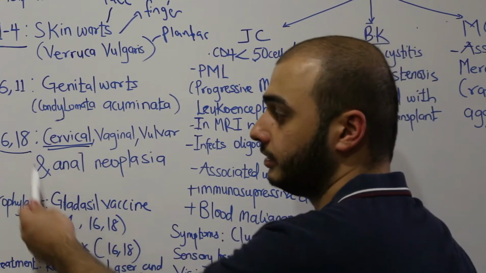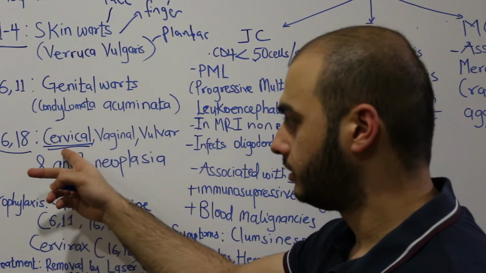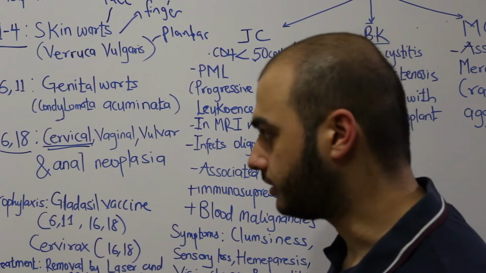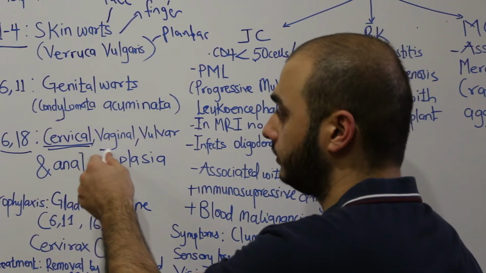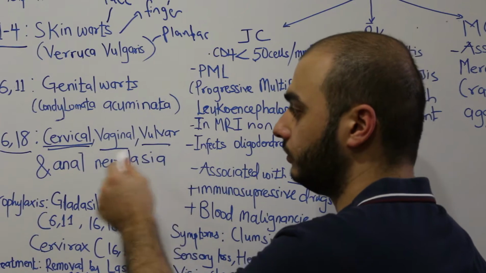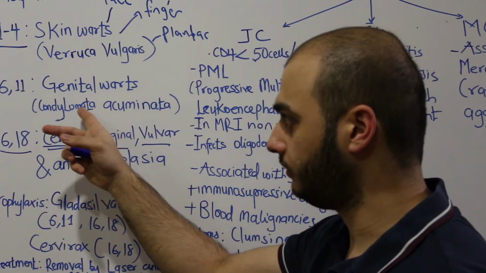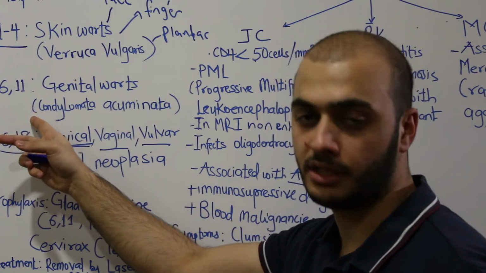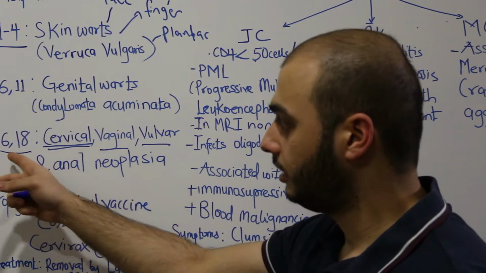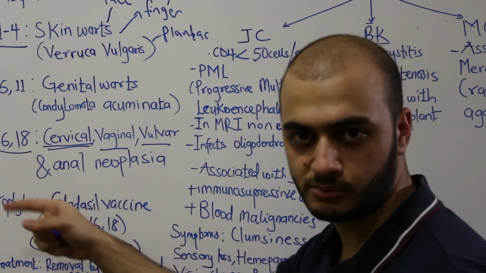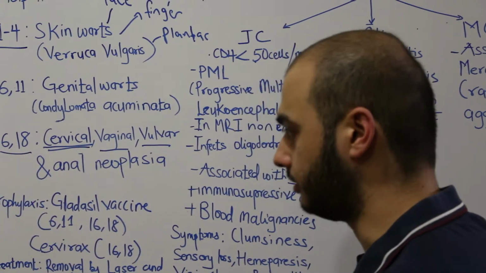So 16 and 18 are very associated with cervical cancer and vaginal cancer. It can also be vulvar and anal neoplasia. Here, mostly if it infects the anus there will be a benign lesion, but 16 and 18 can also infect the anus and make malignant cancer.